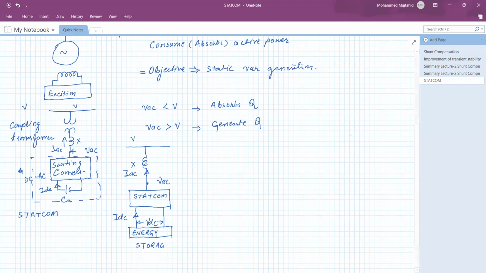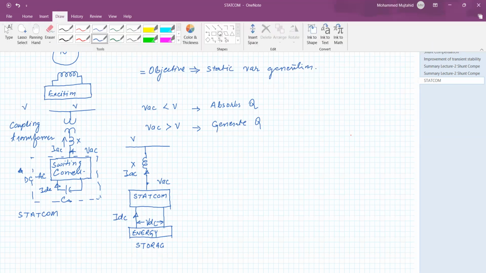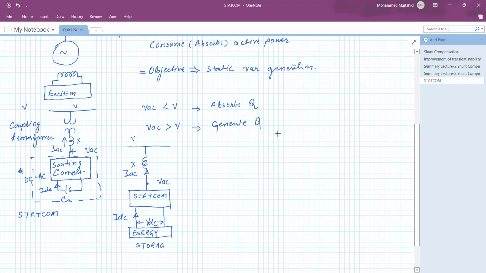Now, under such condition, we try to understand with the help of some diagram. Say we are making some quadrants for understanding this. In this direction, this is the VDC.